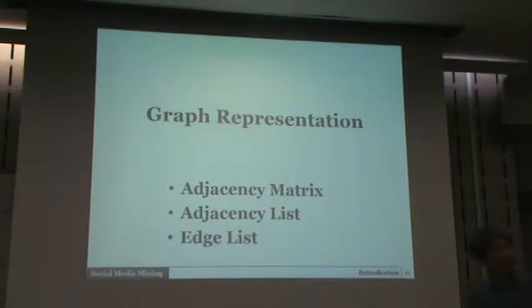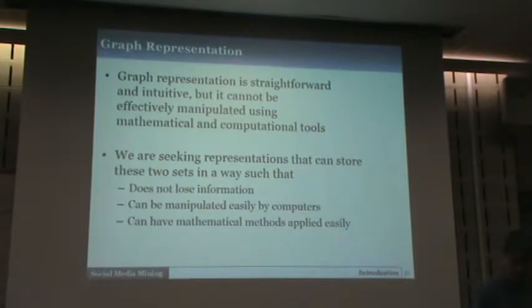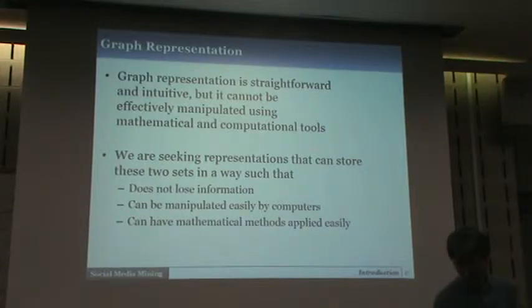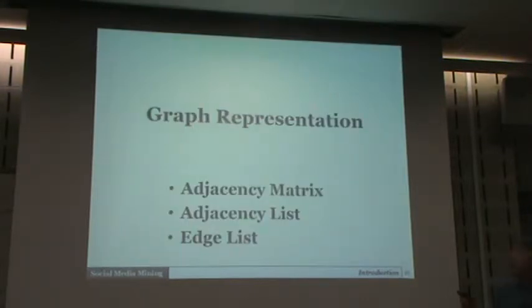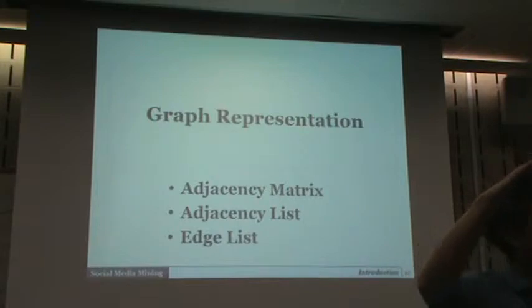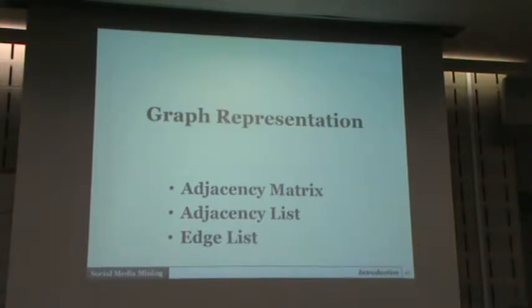Then there exists another way to represent such graph data that includes adjacency matrix, adjacency list, or edge list. So we will see adjacency. Adjacency matrix means the matrix is N by N, where N is the number of nodes.